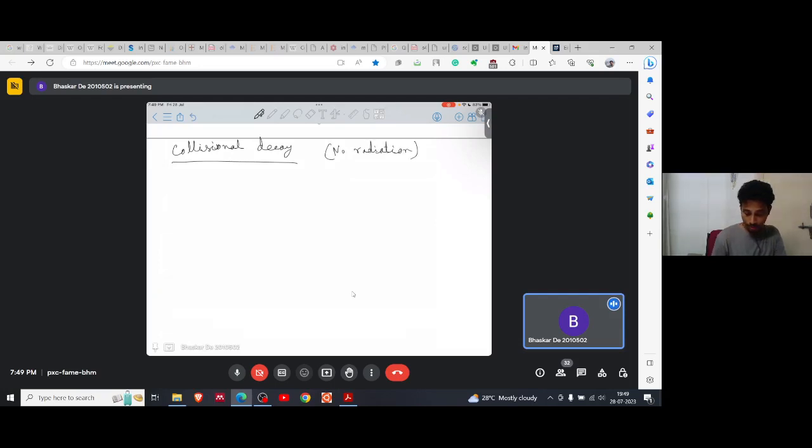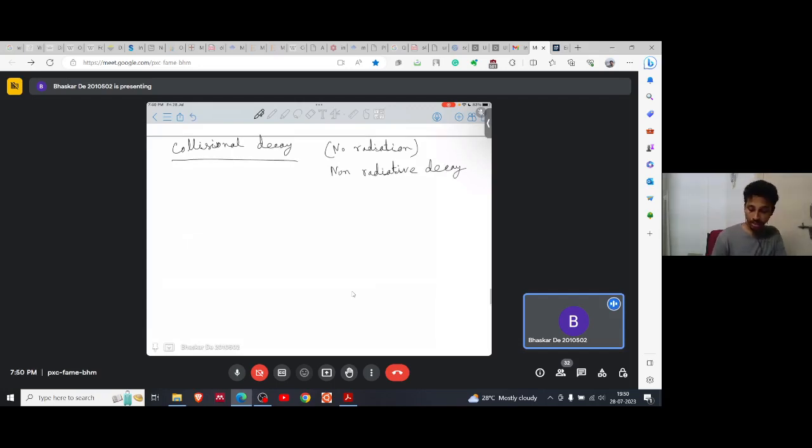This is known as non-radiative decay. This happens in atoms, but the difference between the previous decay and this decay is that we will not have any kind of electromagnetic wave coming out of the atom. If there is an electromagnetic wave, that will be radiative decay, but this one is non-radiative decay.